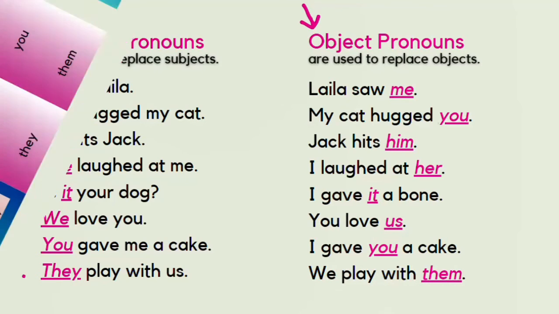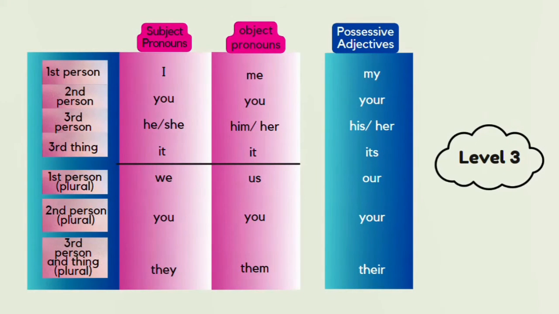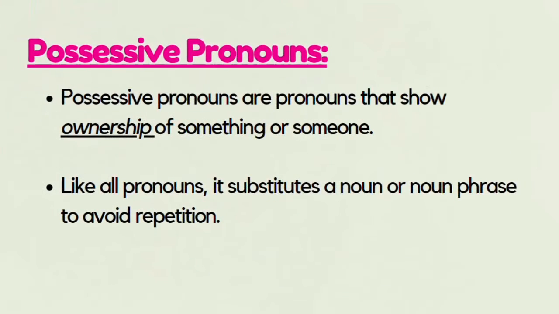So now we have got this table at the end of level 3. Kids know that personal pronouns are of two types: subject pronouns and object pronouns. They also know about possessive adjectives. But as I told you, in level 3 we teach them two types of pronouns. This is the second type, and we call it possessive pronouns.